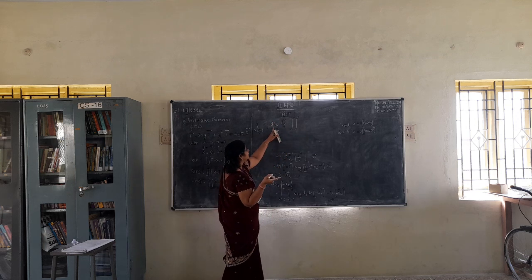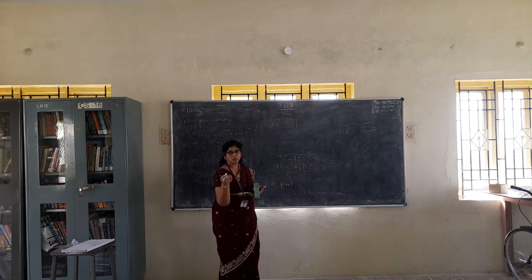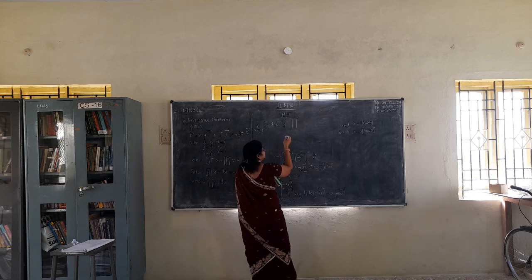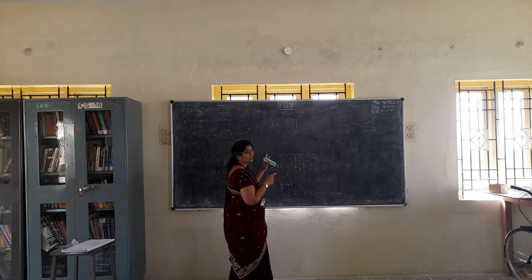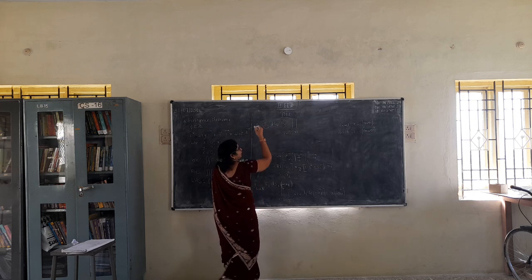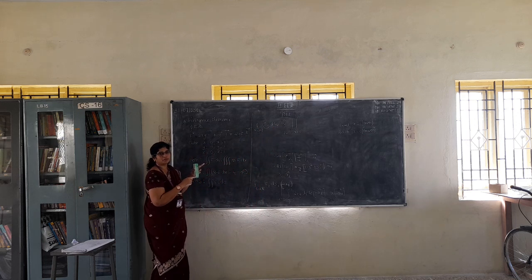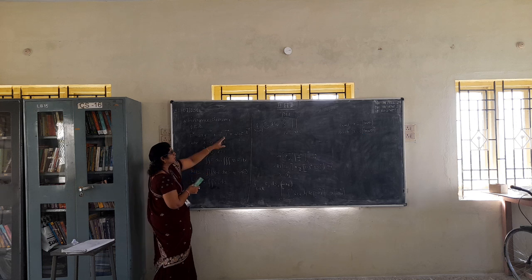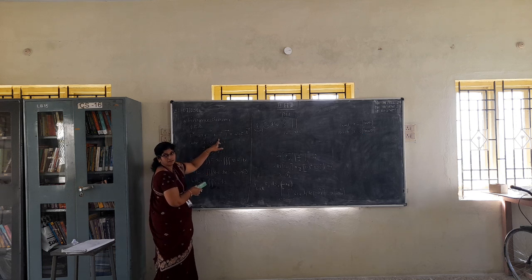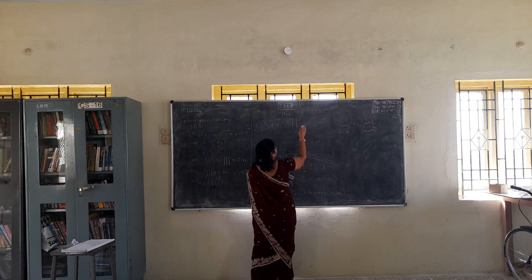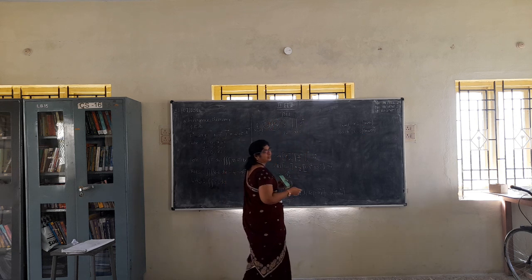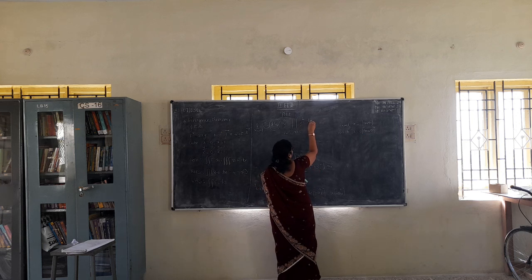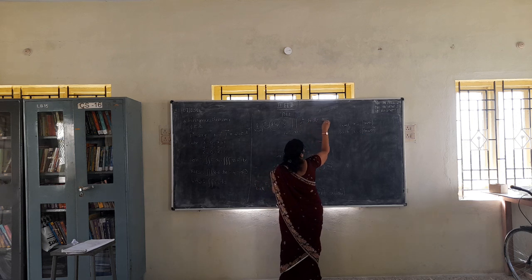The double integral of F dot dS y is given. So which two axes do we have to take? We have to choose the x and z axes. So one limit will be z, the other limit will be x. X varies from 0 to 1, and z also varies from 0 to 1. Fy is the coefficient of the j vector, which here is y square. So it is y square into dS y, that is dx dz, into the ay vector.